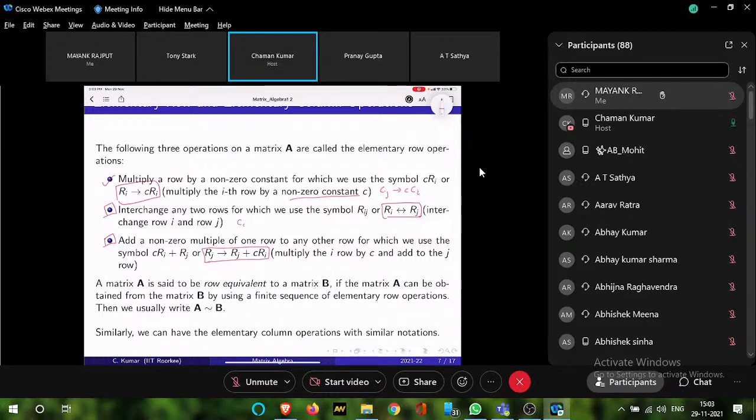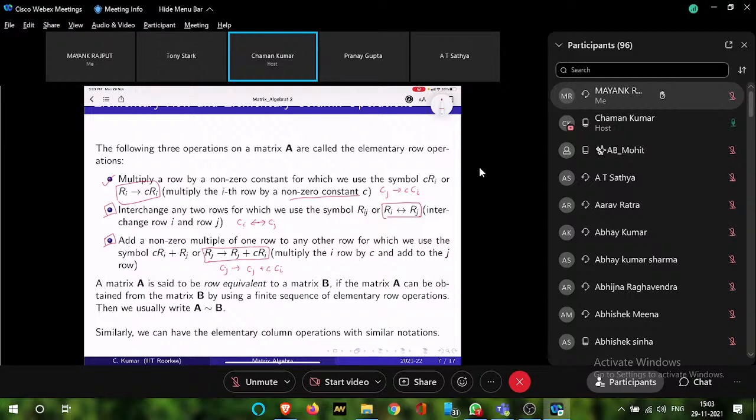Similarly, you can interchange the ith column with the jth column of the matrix, and the last one is you can write Cj equal to Cj plus some constant times Ci. That means you replace the jth column by the sum of the jth column and the constant times the ith column. Okay.